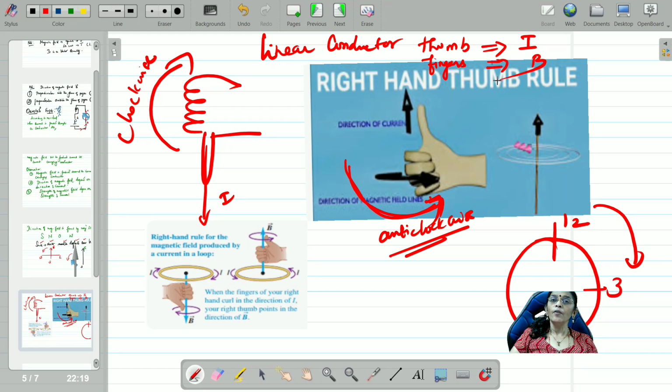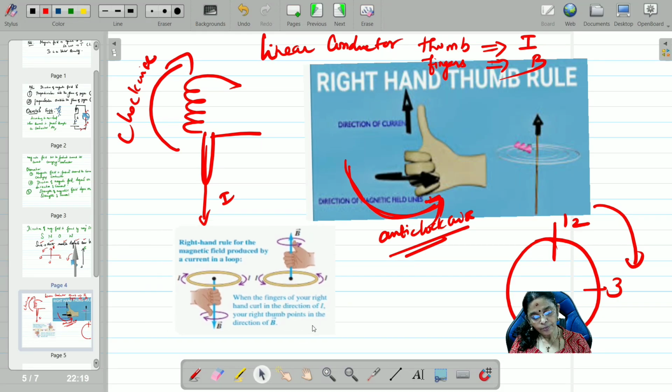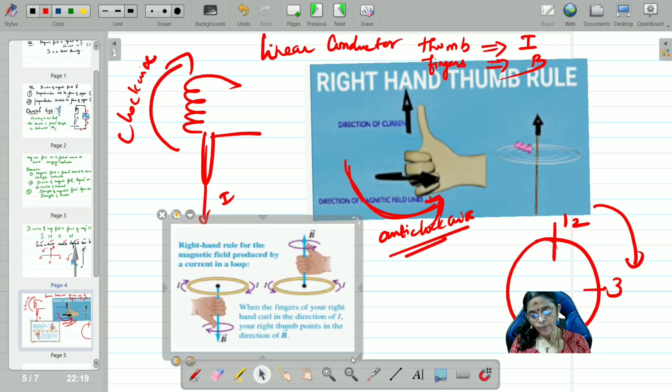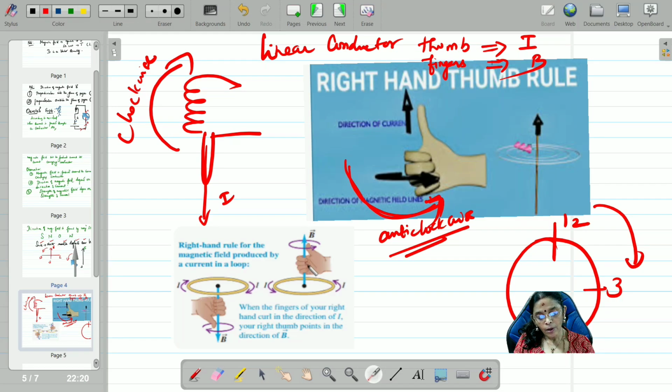Hope you understand. Whereas for the circular loop, children listen here, circular loop I am taking, which I have already drawn here. You can see here, this is the circular loop. Right hand rule for the magnetic field produced in the circular loop. Keenly observe. The thumb shows the direction of magnetic field, whereas the fingers represent the direction of the current, which contradicts the earlier one, no?